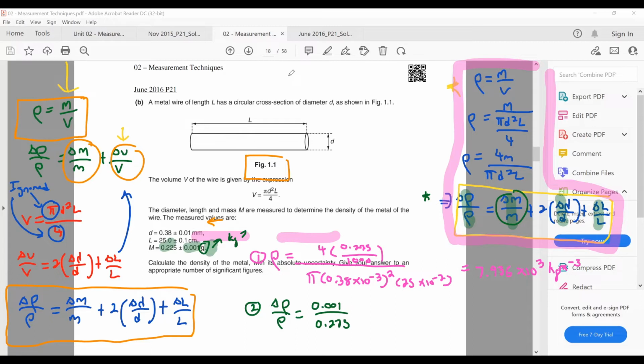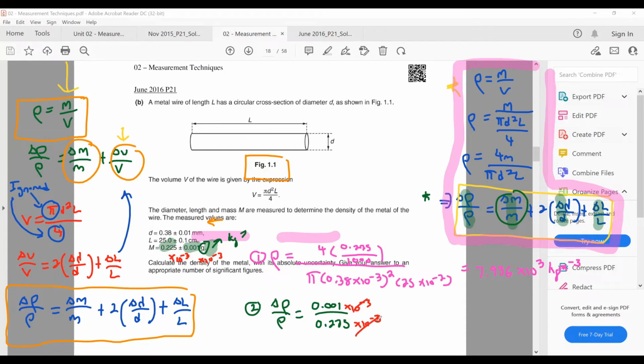The answer is no. If I try to change everything to kg, this would mean that I need to multiply this by 10 power minus 3, multiply this by 10 power minus 3, right? Because I want to divide by 1,000. Do you notice that they will actually just cancel off?